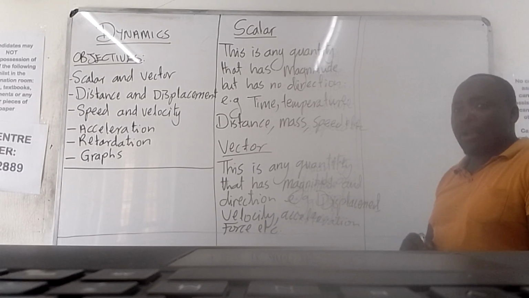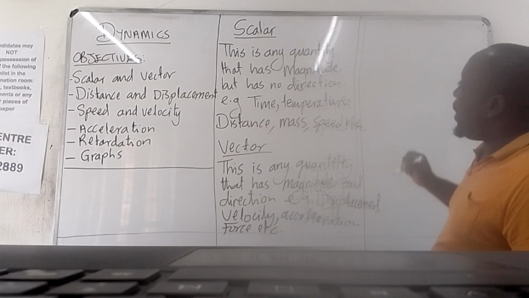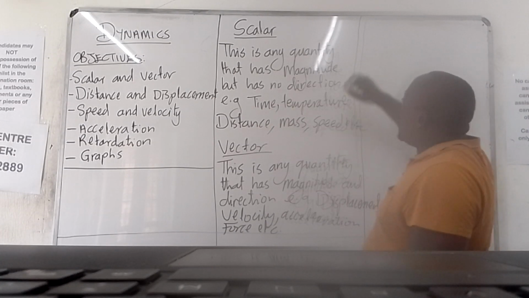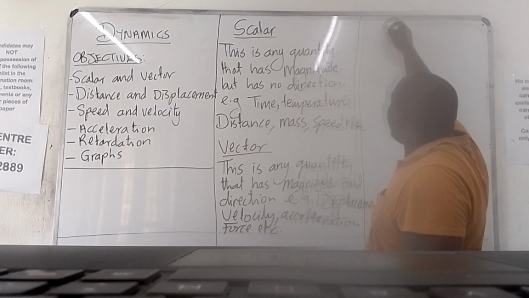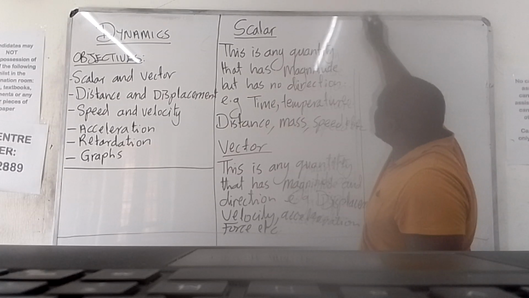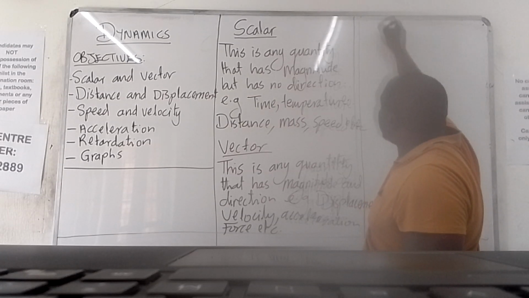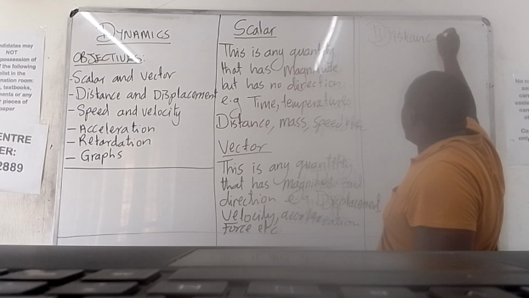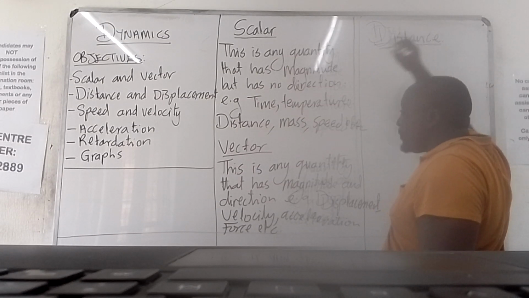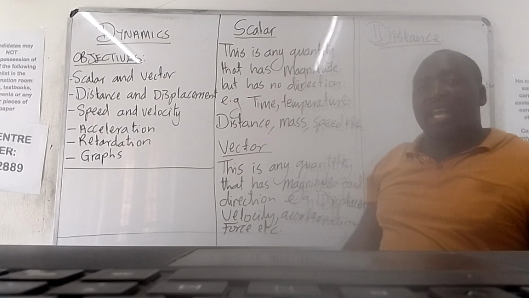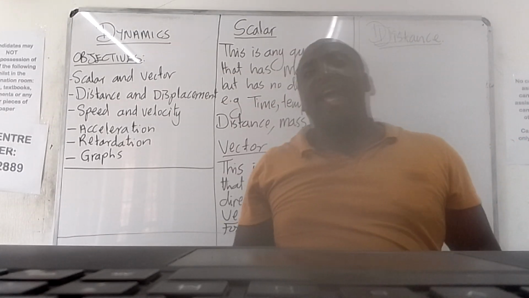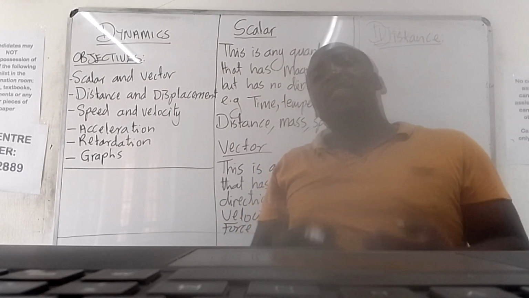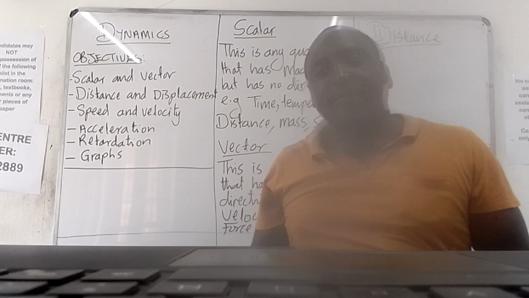Okay, thank you. Now, let us elaborate more on these two by using distance and displacement. So we have distance. What is distance? We say distance is a scalar quantity. How would you define distance?